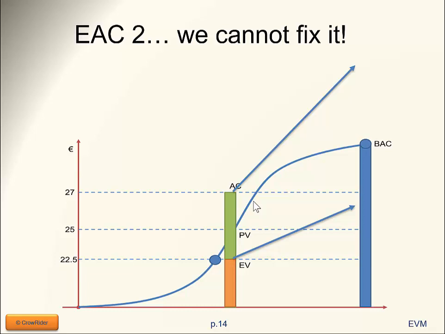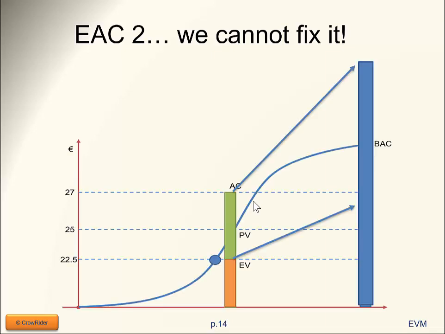So if we want to take into consideration this additional deviation, we will assume that the budget at completion will be skewed by the same percentage as my earned value has been skewed and became the actual cost. We're assuming it to grow by the same percentage. So let's have a look at it.